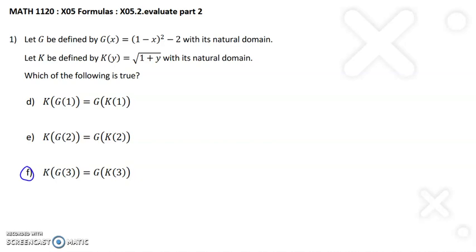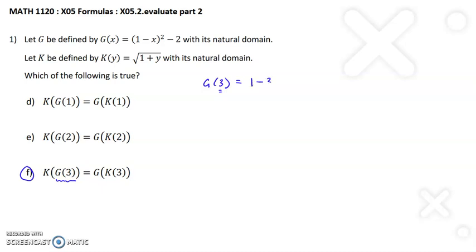On this left-hand side, we're asked to find k of g of 3. Remember that we want to start with the stuff inside the parentheses first, so we're going to calculate g of 3 first. Which means we're going to plug in the 3 each time we see an x in the function for g.